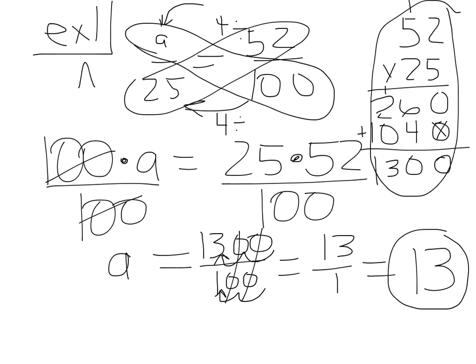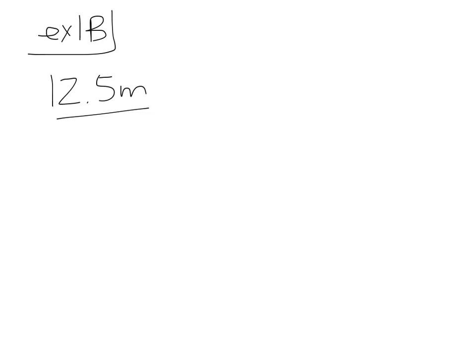That was example 1A. Let's go to example 1B. This says 12.5 over m equals 15 over 7.5.